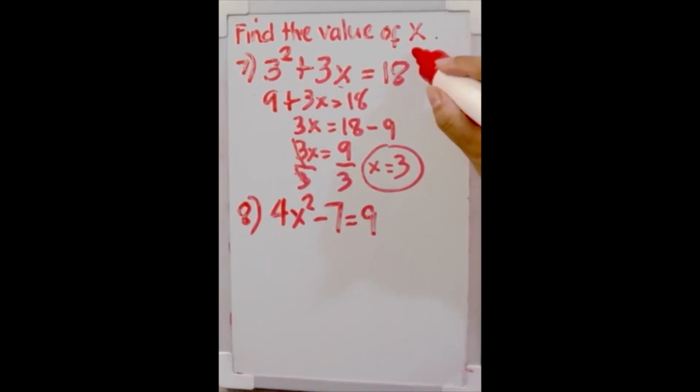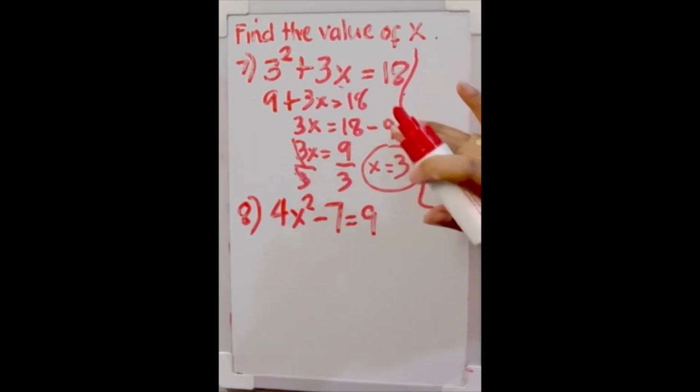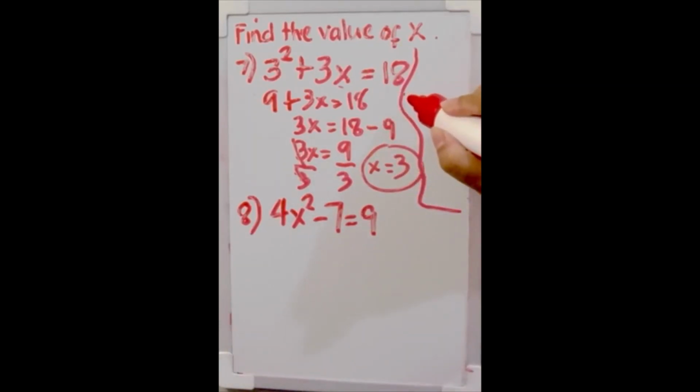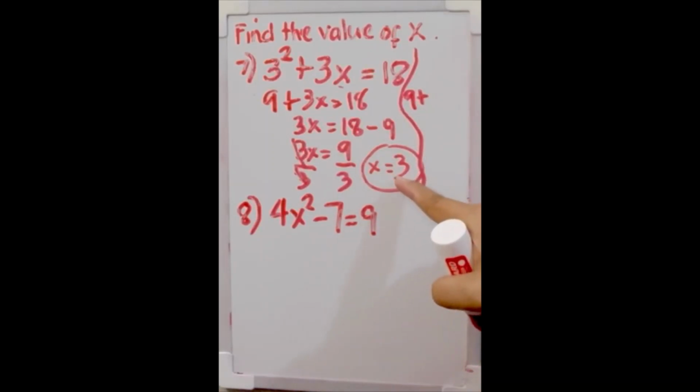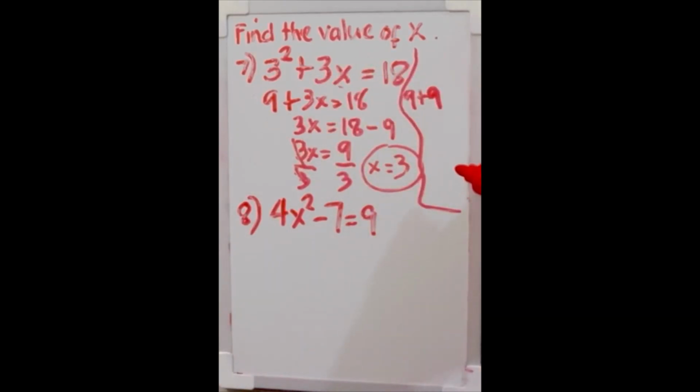Here you have 3 squared. We will just write 9 instead because 3 squared is just 3 times 3, which is 9, plus 3 times 3, it's just equal to 9, equal to 18.